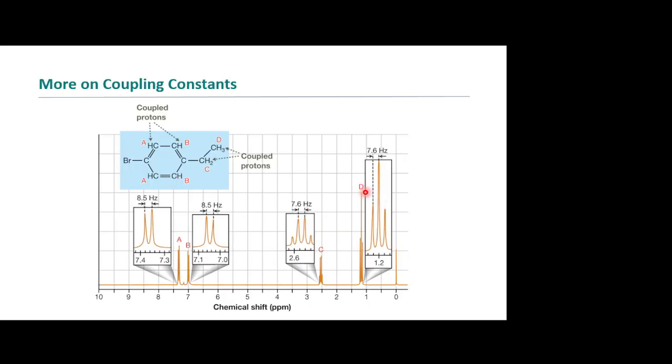Notice that there's a fair amount of overlap. I would not use this as your primary identifier, right? What would be the primary identifier of which hydrogen is where? So how about these right here, the ppms, the chemical shifts?